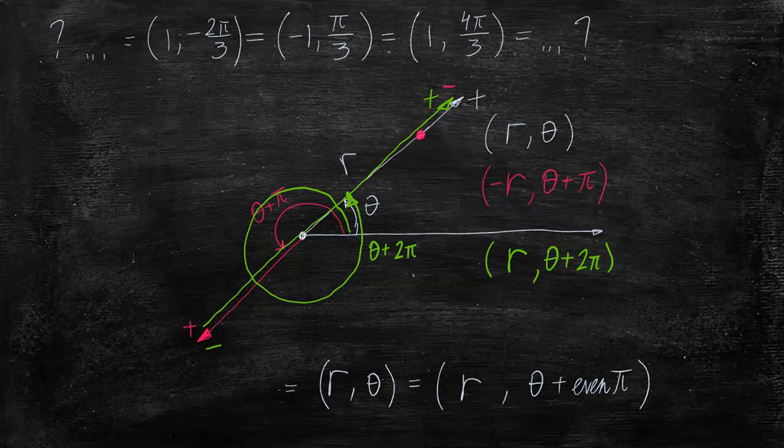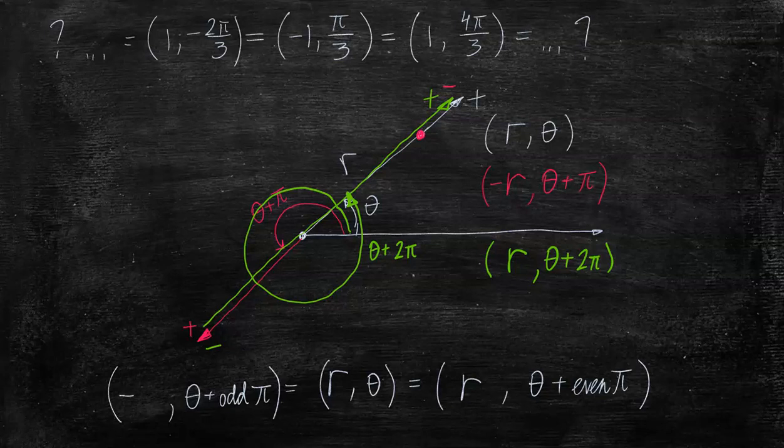However, if you take an odd number of pi and add it to theta, like 7 pi, 9 pi, that means you're going to end up revolving some even number and then have still an extra pi, and that extra pi will take you to the other side, and when it takes you to the other side, now you have to move in the negative direction.